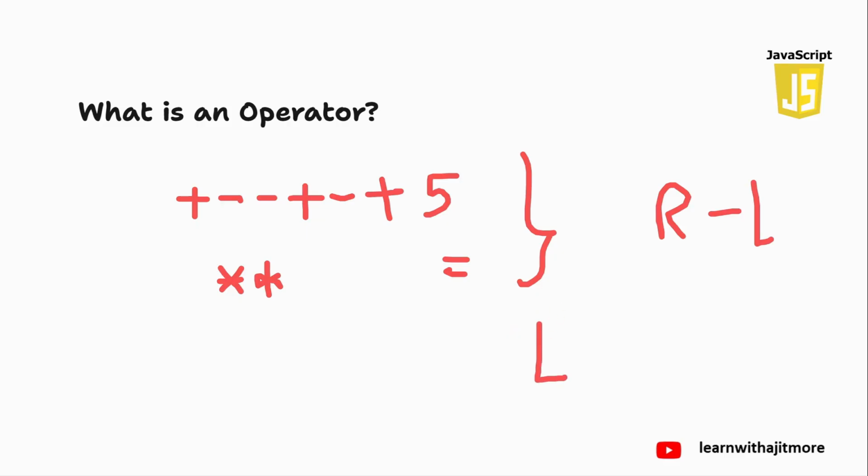All other remaining operators will have left to right. Post unary has no associativity.